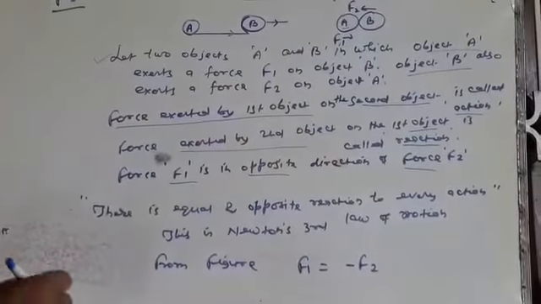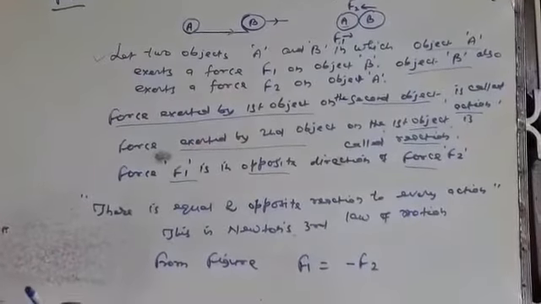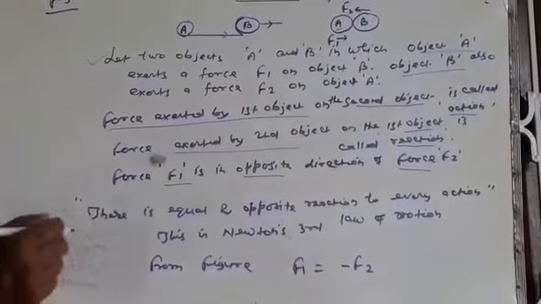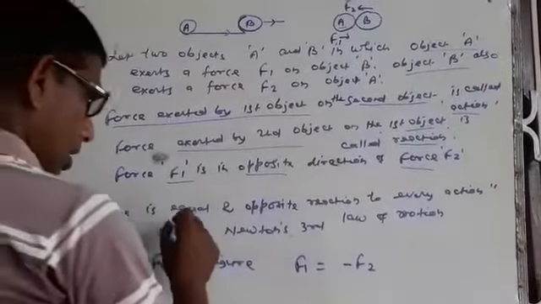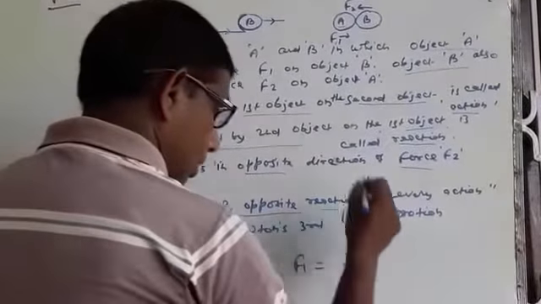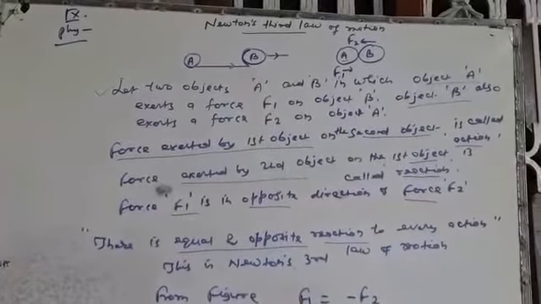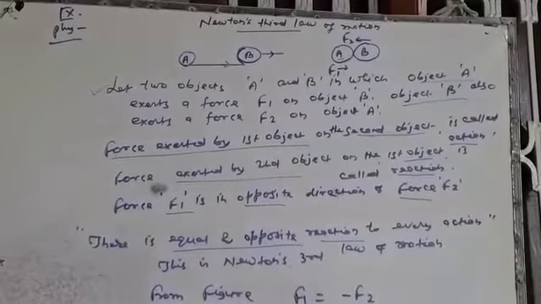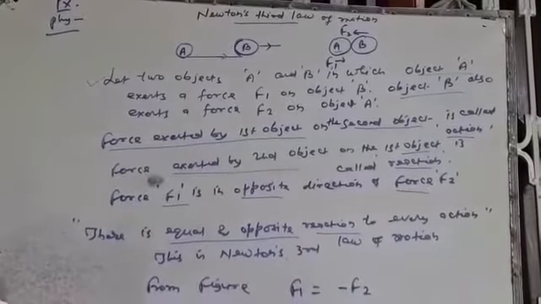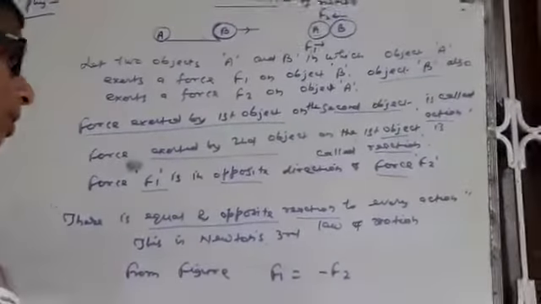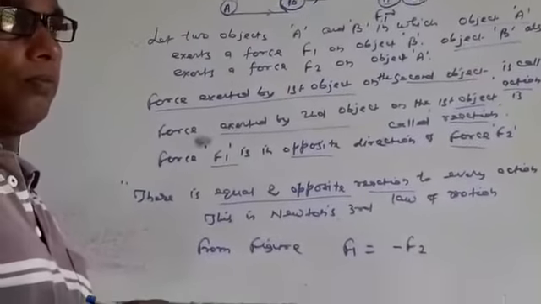Now we can easily write the statement of Newton's third law of motion. There is an equal and opposite reaction to every action. This is Newton's third law of motion. This means action and reaction take place simultaneously.